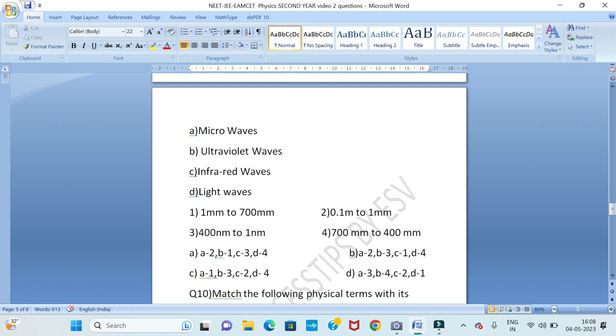If you write one line under the U like this, it will look like 4. So like that you can remember 400 nanometers to 1 nanometer. Next is 1 nanometer, 400 nanometers to 100 nanometers.